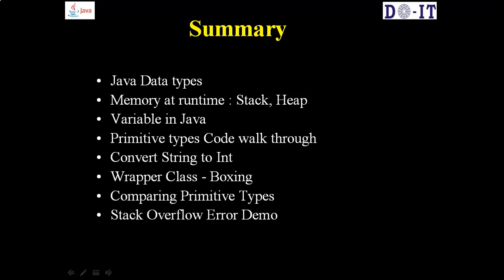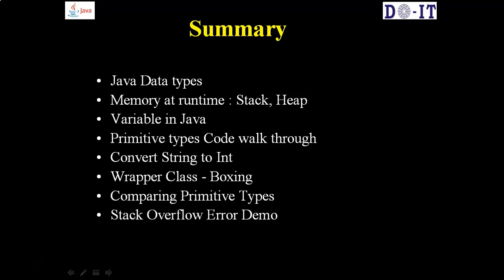We went through examples of primitive types and issues in primitive types, and we finally today saw how to convert a value in a string into an integer using a wrapper class, Integer.parseInt. Similar wrapper classes are available for all the other numerical primitive types like long, float, double, and so on.